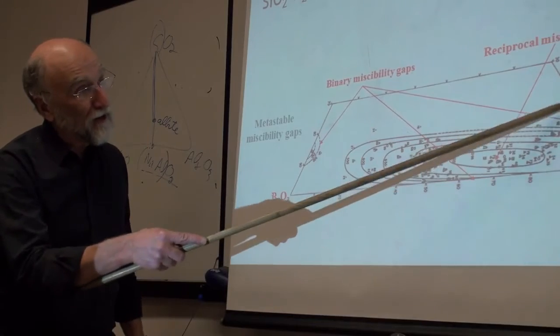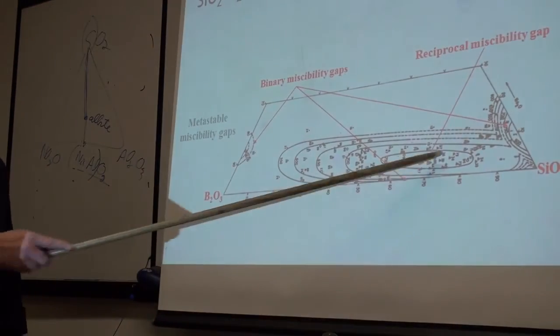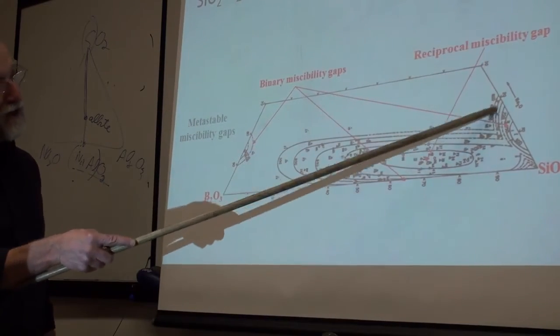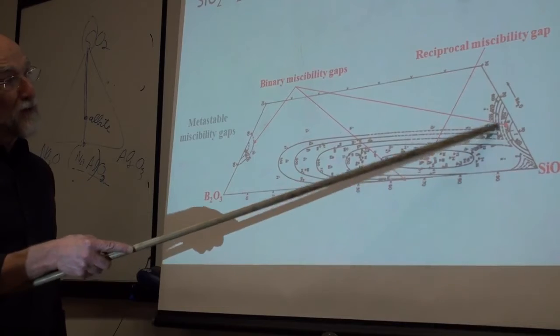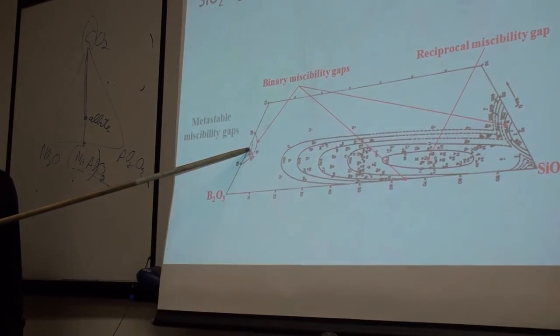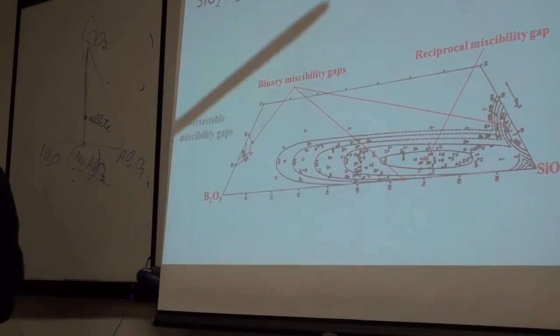You have this binary miscibility gap here, which collides with this miscibility gap. So here you have two miscibility gaps coming together. Sodium oxide and silica have a metastable liquid-liquid miscibility gap, which collides with this reciprocal miscibility gap due to the exchange reaction being negative.